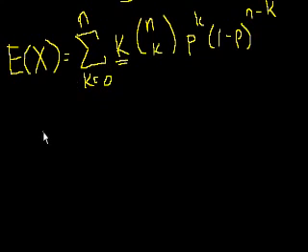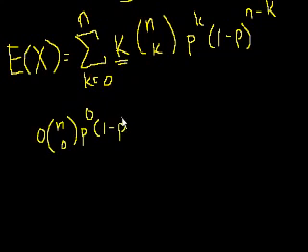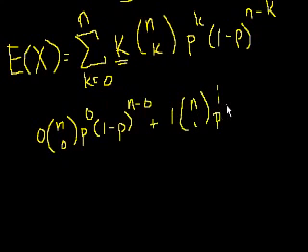So let me write that out. This sum could be written as 0 times n choose 0, times p to the 0, times 1 minus p to the n minus 0, plus 1 times n choose 1, times p to the 1, times 1 minus p to the n minus 1. And then you keep adding all the way until you get to k equal to n.